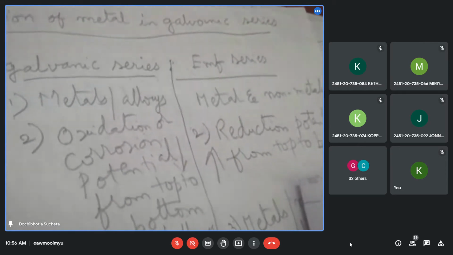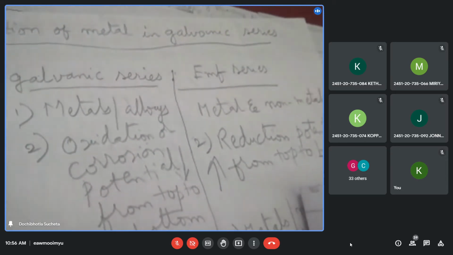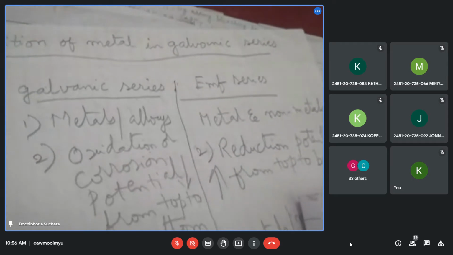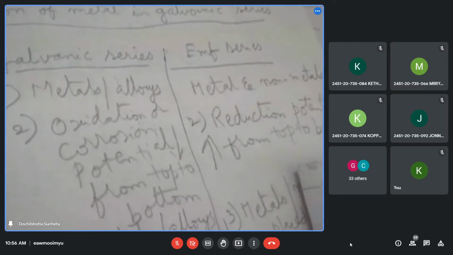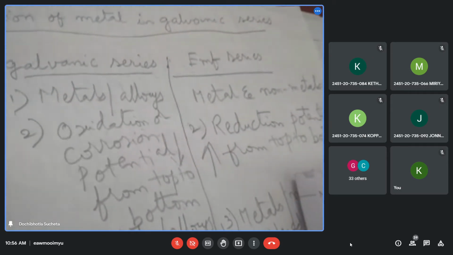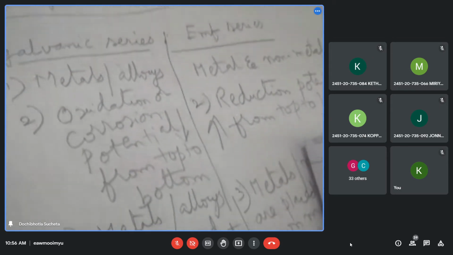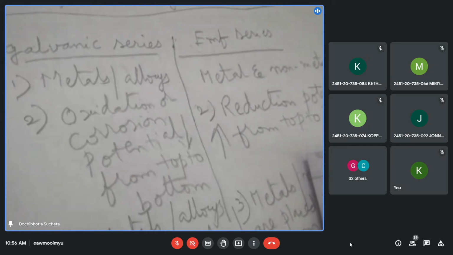That is, two iron pipes are connected with a copper coupling in between. Which suffers faster corrosion, the copper coupling or the iron pipe?